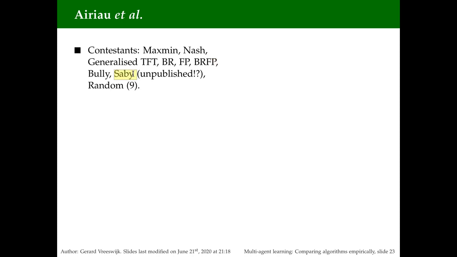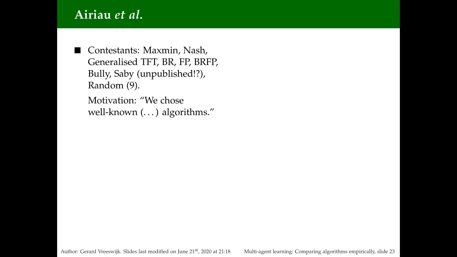I did a lot of work because Sabi was the best performer here. I searched very hard for specifications of Sabi, which were just unretrievable, which is of course very poor scientific practice, because scientific results should be reproducible.